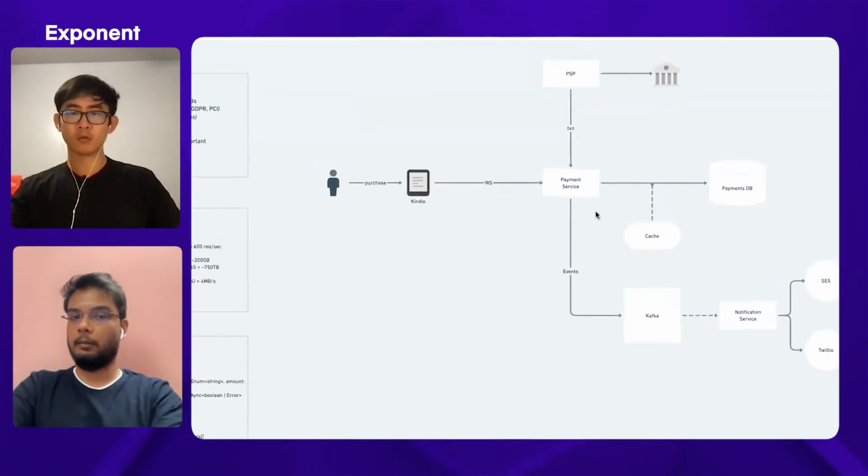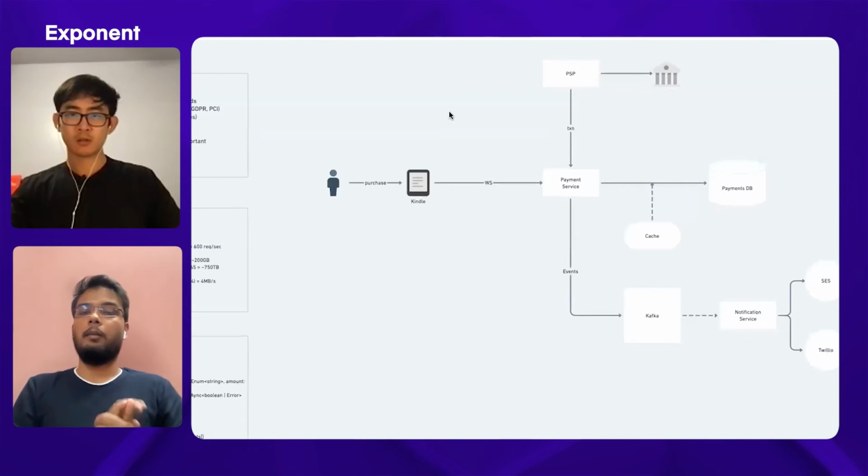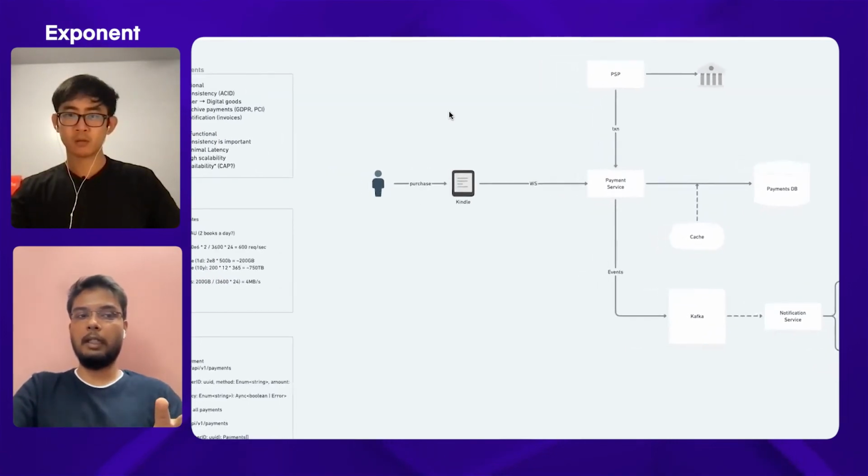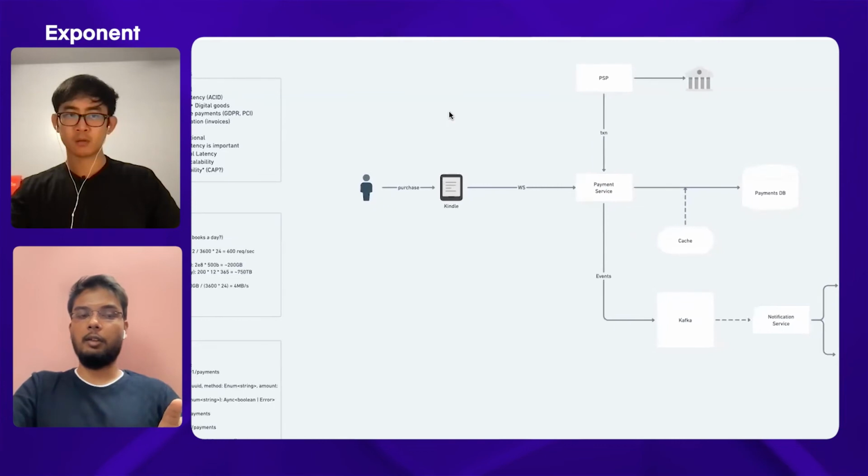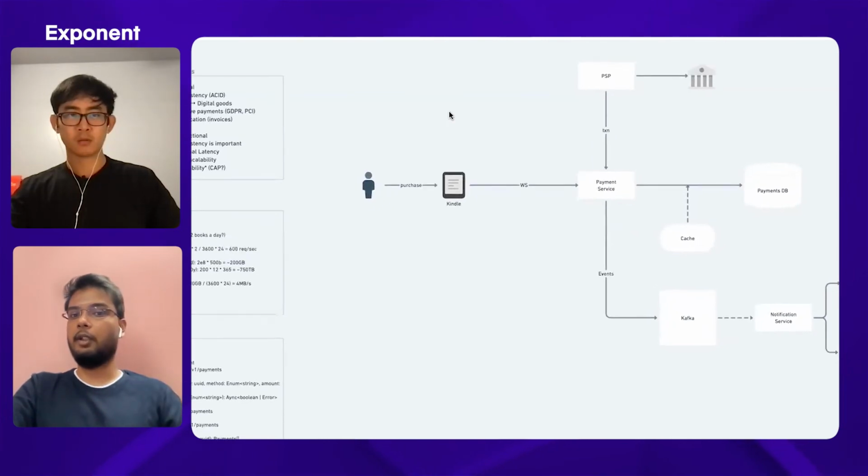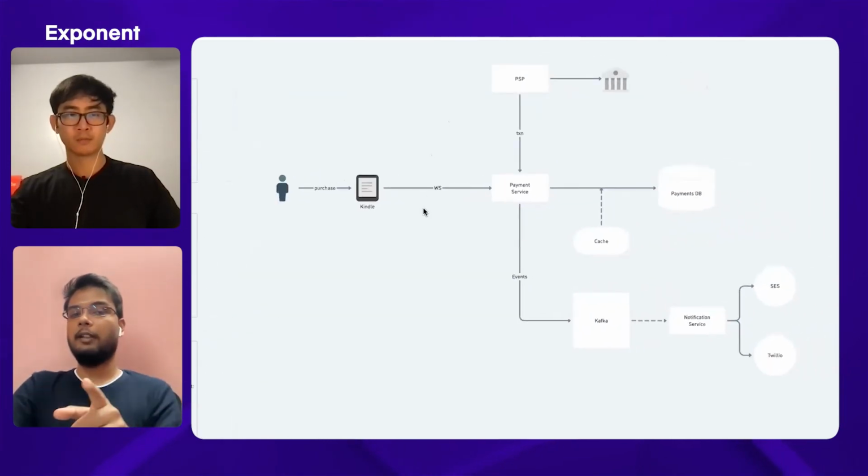Cool. So the next step, which would be our last requirement to get into detail, would be PCI and GDPR compliance. As you can see, I haven't added a load balancer.